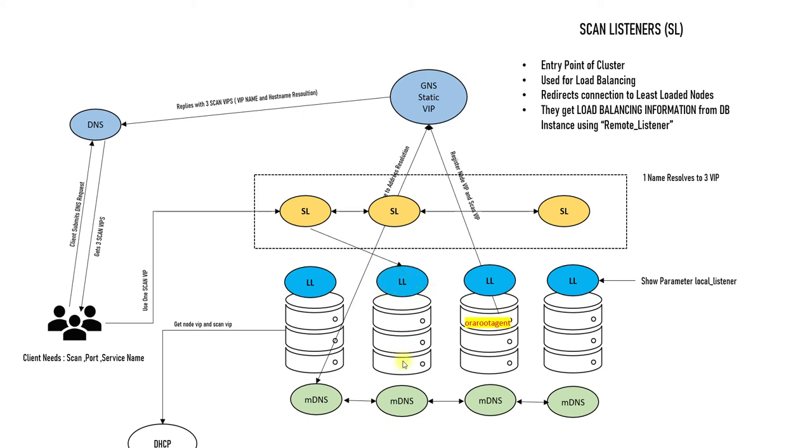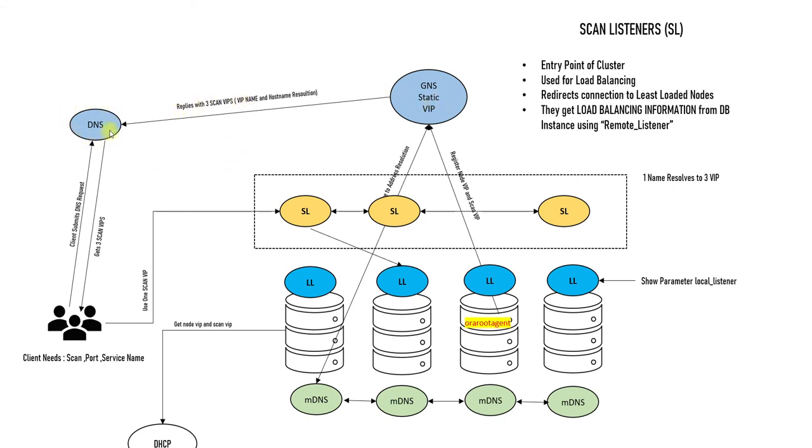That's how it's served. GNS has a specific functionality to collect the names, virtual IPs, and node names of the upcoming server, or whatever new server joined the cluster. It uses the mDNS functionality to resolve the IP address to a host name, and then it passes down all the information to the DNS.